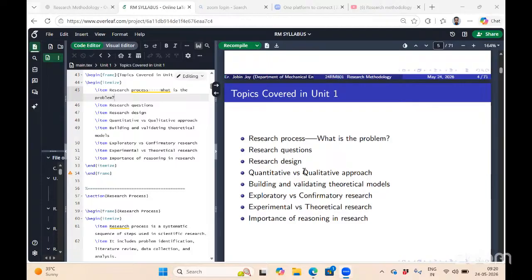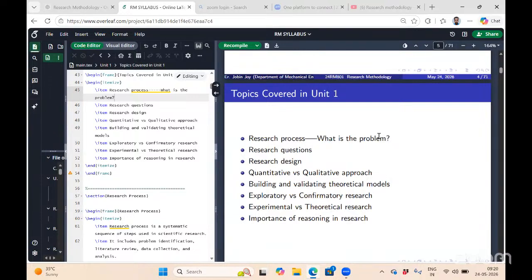So what is the difference between quantitative and qualitative approach? Quantitative means that is dealing with quantity. Quantity means that is dealing with numerical data. Qualitative approach means that will be dealing with the experiences and opinions.